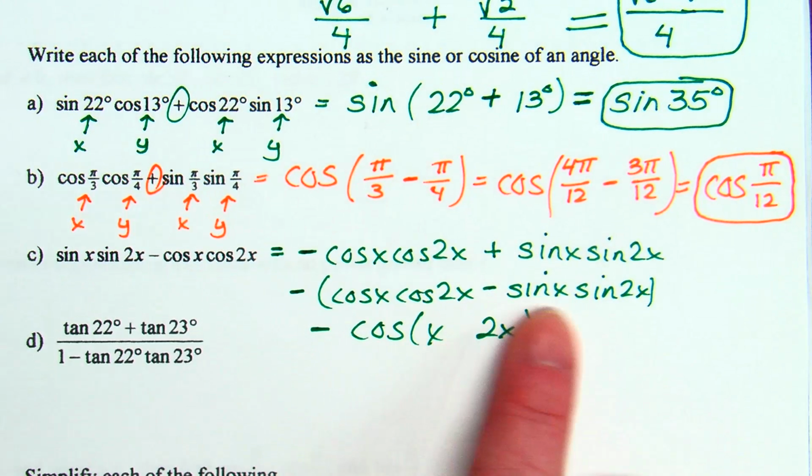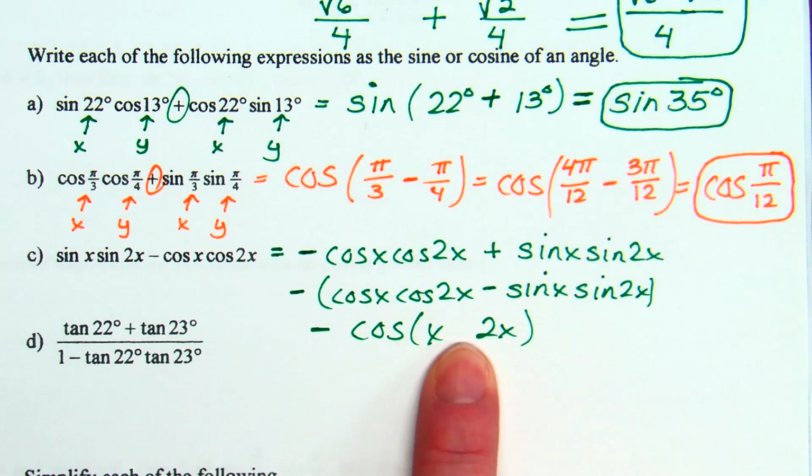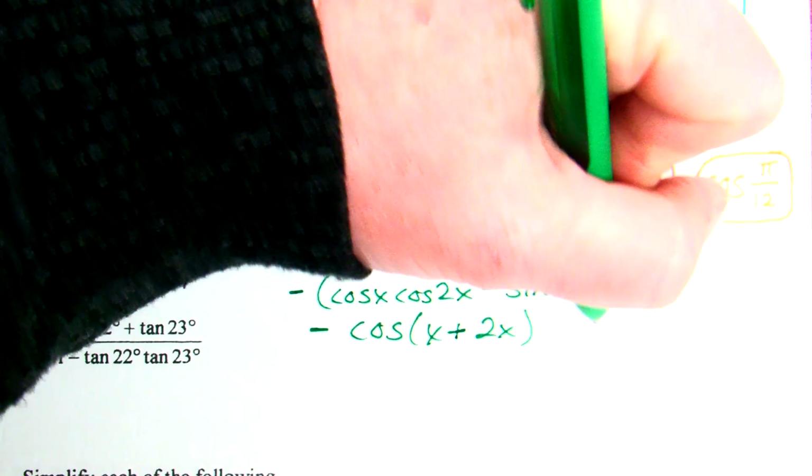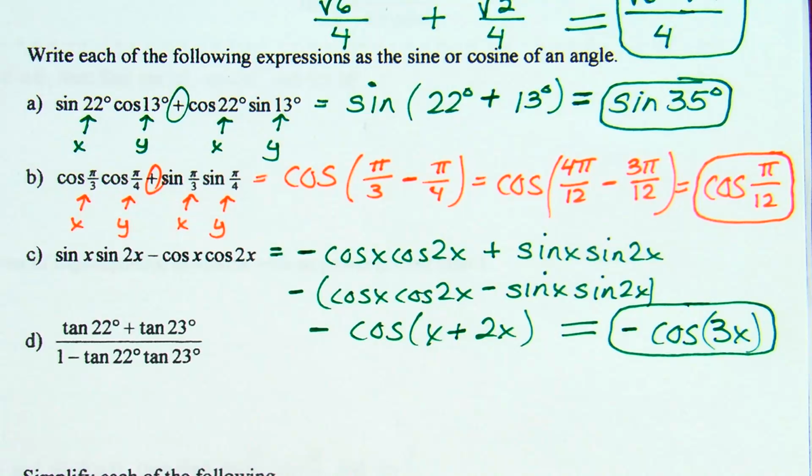Am I adding or subtracting x and 2x? Because when I rewrote this, cosine minus sine, traditional cosine now, so opposite, and so that is a plus. Clean it up and you've got your final answer. This is going to be the negative of cosine of 3x.